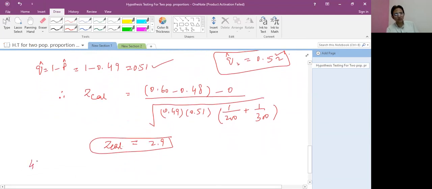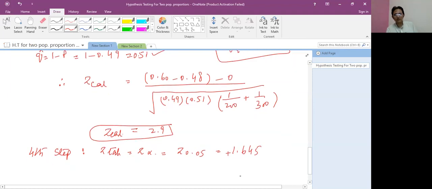Now in the fourth step, student, we determine the tabulated value. Because the test is a one tail test, we consider Z alpha. Z alpha at 0.05 is 1.645. It is positive because it is a right tail test.